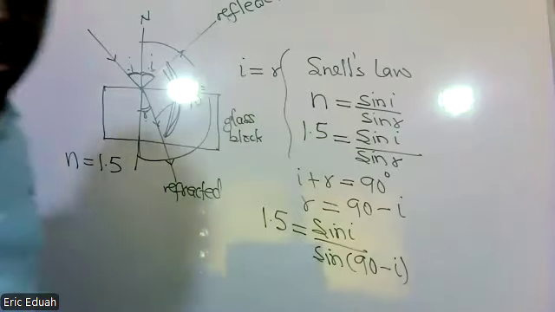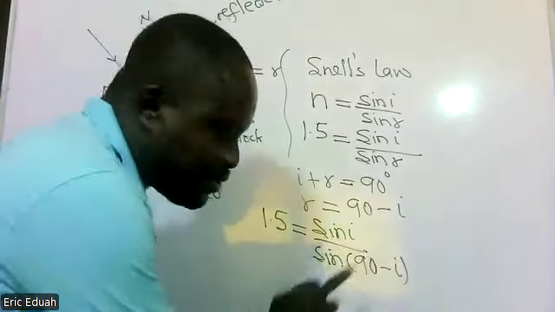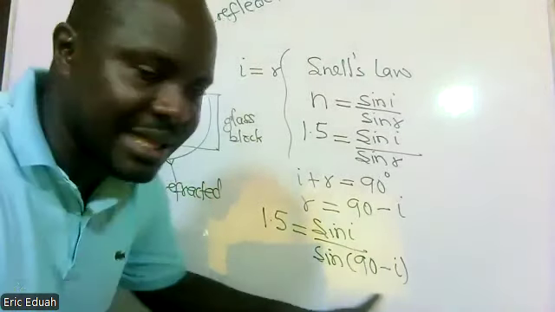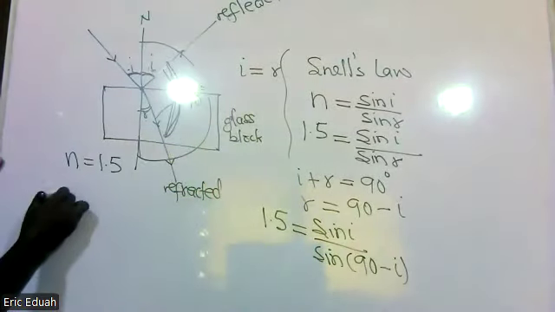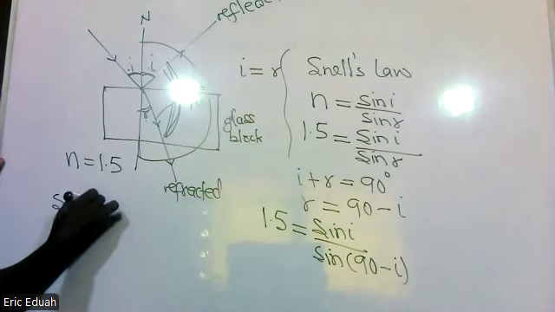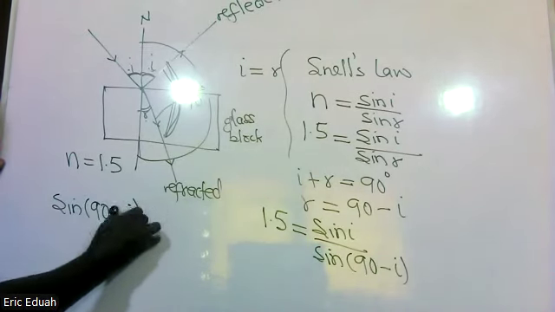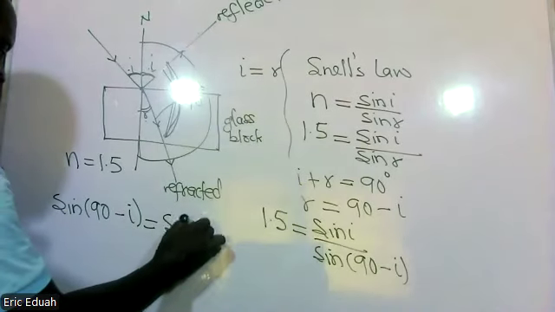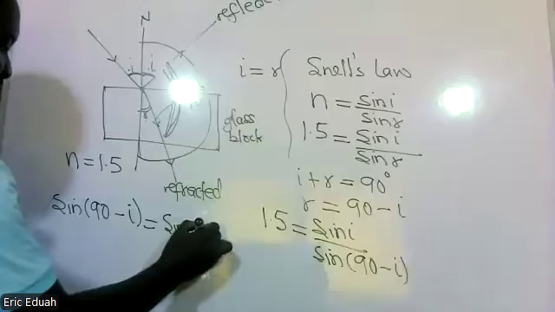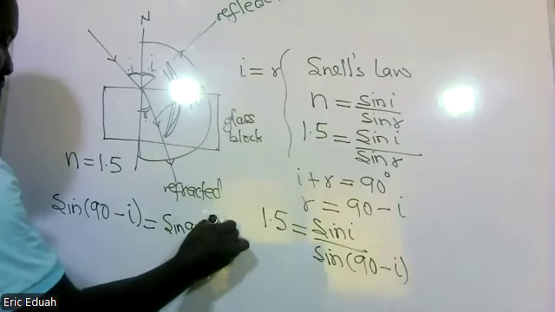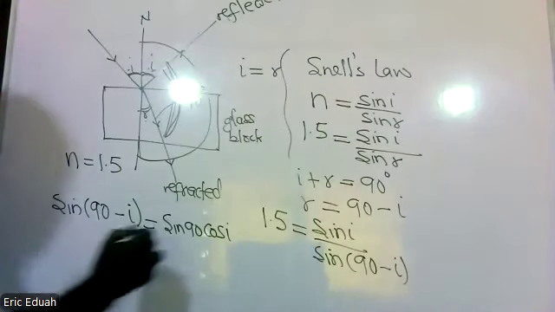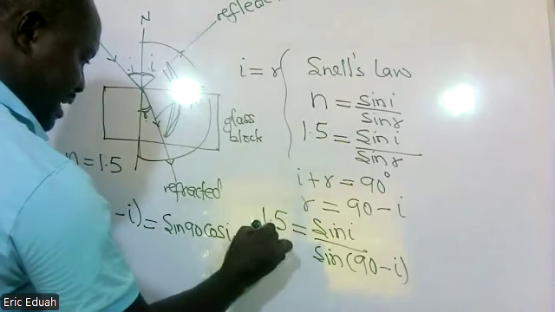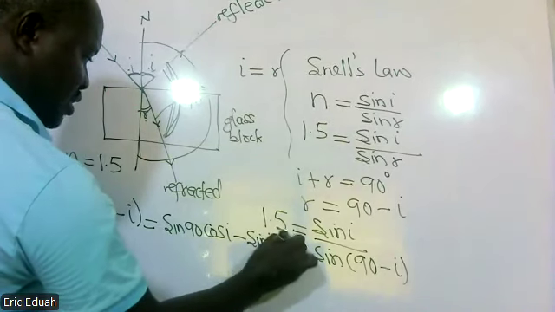If we use trigonometry to expand this, we've done vectors. So let's use trigonometry to do this expansion. This will be equal to sine 90 times cos I minus sine I times cos 90.